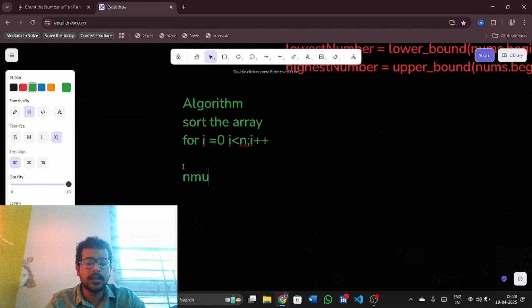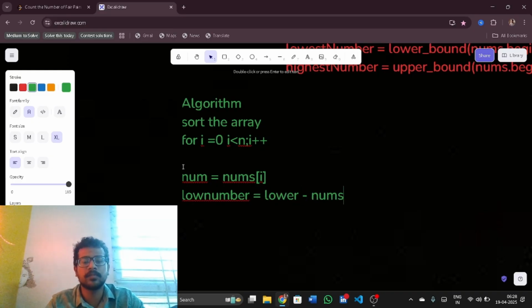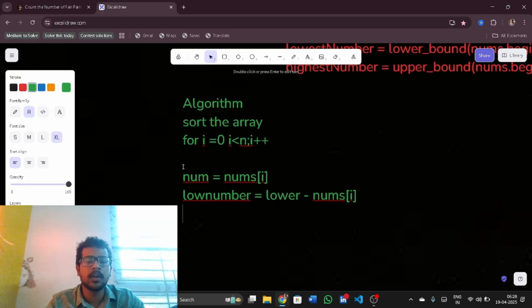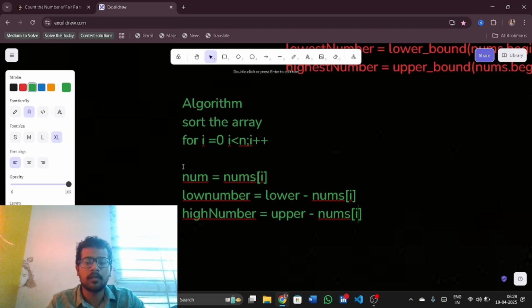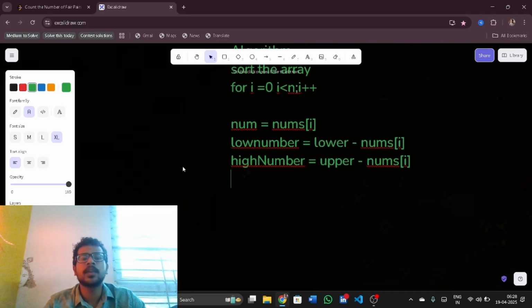Now let us see num is equal to nums of I. Okay, the low number will be lower minus nums of I. High number is upper minus nums of I.